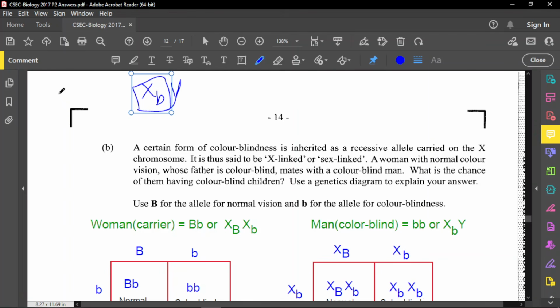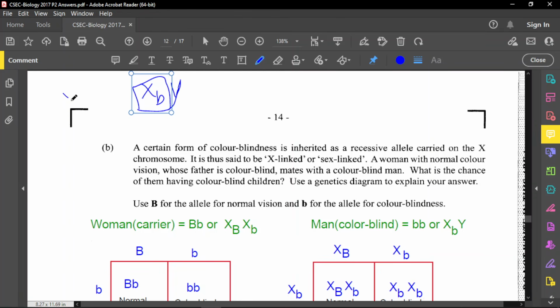That means her mother could be heterozygous normal or homozygous normal, it doesn't matter. The fact that she gets this color blindness allele from her father, but she's normal, means our other X chromosome is normal and is dominant. She gets that from her mother.